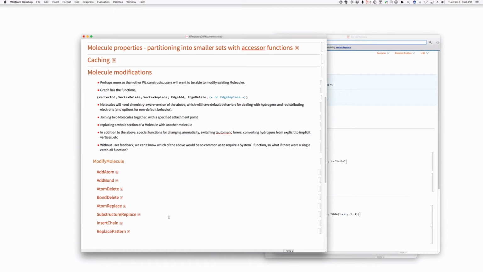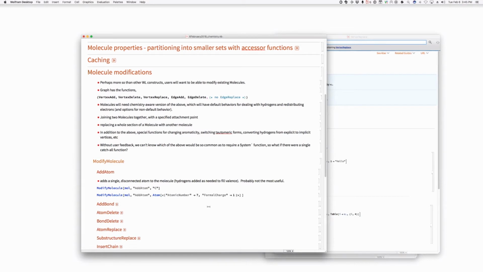So the thought is, instead of having a single function for each of these, when to be honest we don't know which are going to be the most useful for users, we have a single system level function. If you expand the first one, atom add, the function is modify molecule.